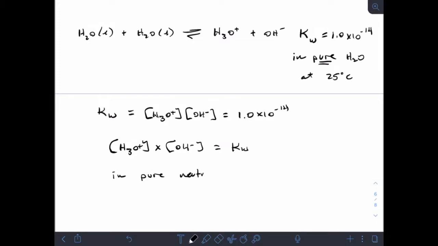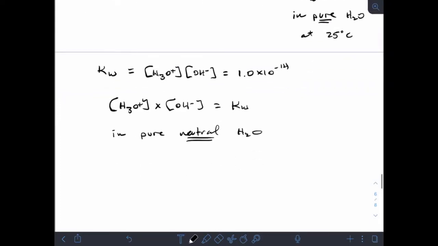So if that's the case, in pure neutral water, and that's very important, pure neutral H2O, we have a value of 1.0 times 10 to the minus 7 for each. If we're in a neutral situation, my H3O+ should be equal to my OH-.